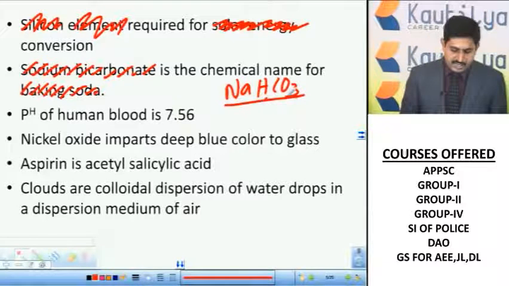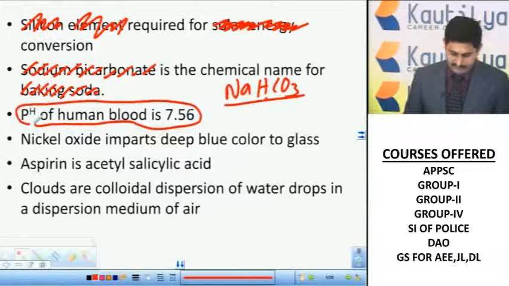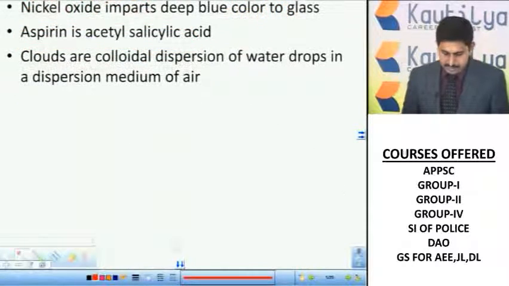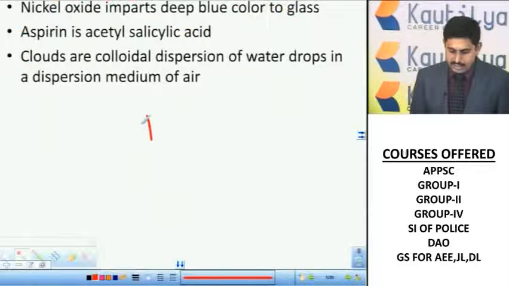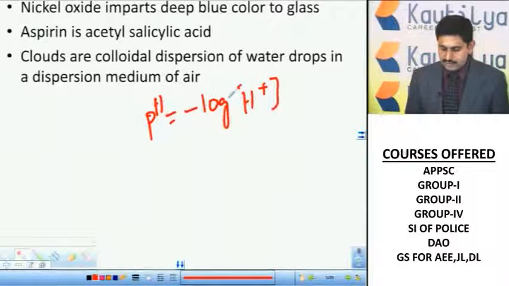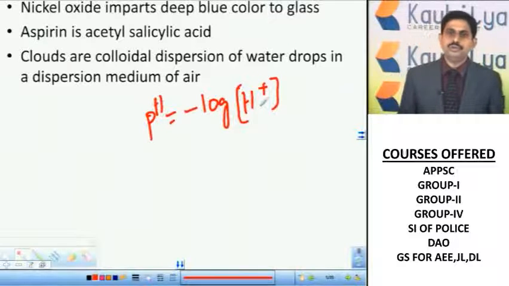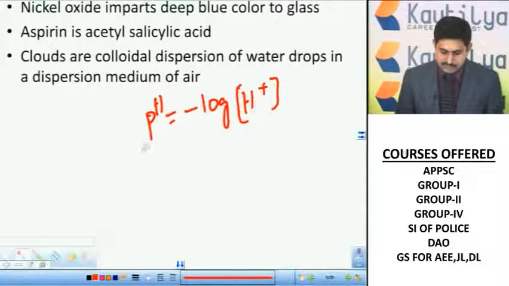Okay, the pH of the blood is 7.56. What is pH? pH is the negative logarithm of H plus ion concentration. Whether a given solution is acidic or basic, we can determine by using pH. pH can be measured by using pH papers.